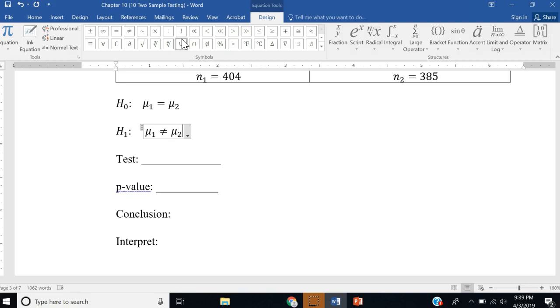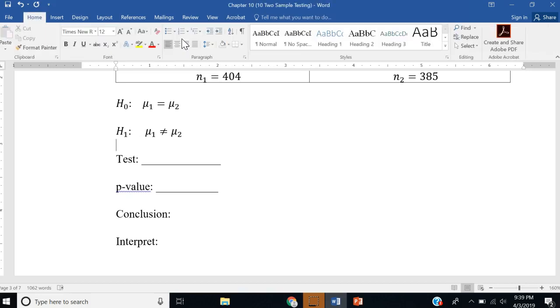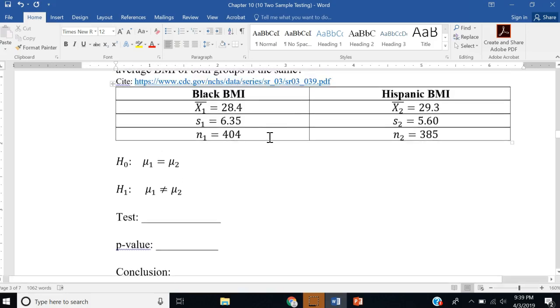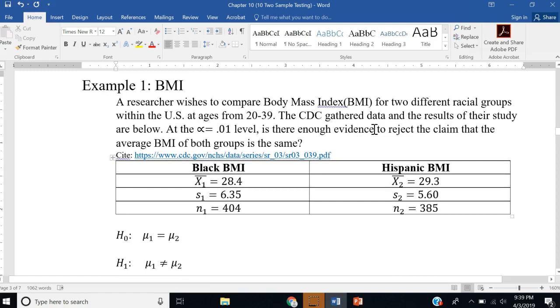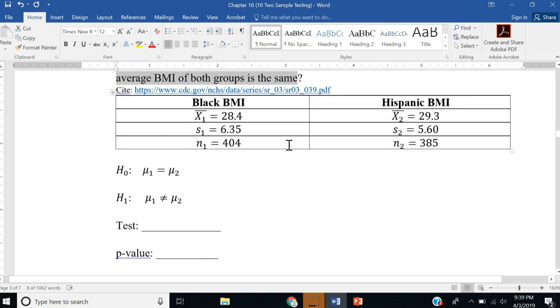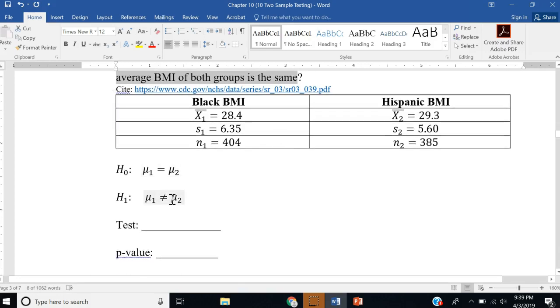Again, I'm utilizing some quick keys, but there it is. Alternative hypothesis: average for group 1 not equal to the average for group 2. We're using mu because we're talking about population averages. And all of that comes from the claim that the average BMI of both groups is the same. Same or not the same?